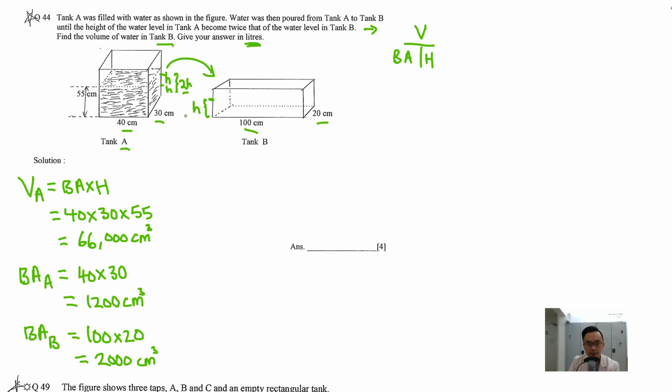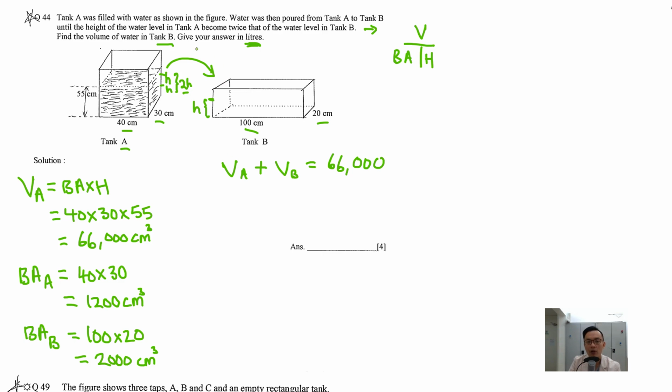So the next line is going to be the most important because we're forming the equation. So basically we're going to find the volume of tank A plus the volume of tank B is equal to 66,000. All right.